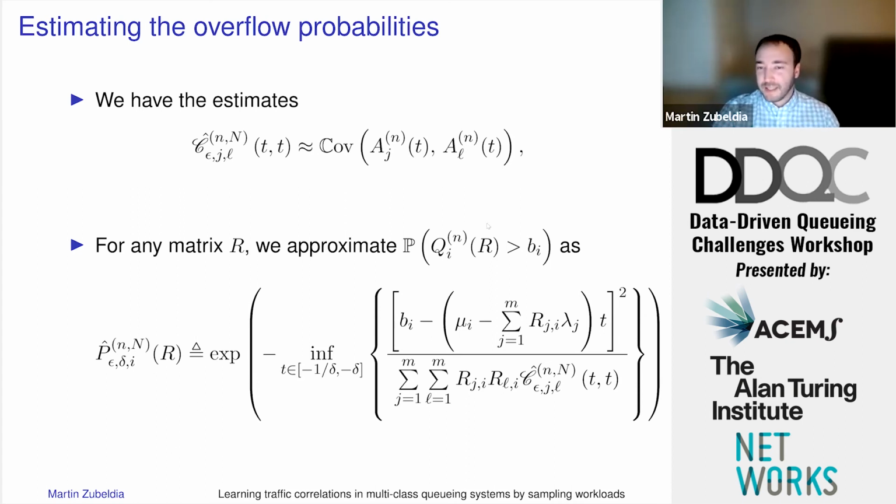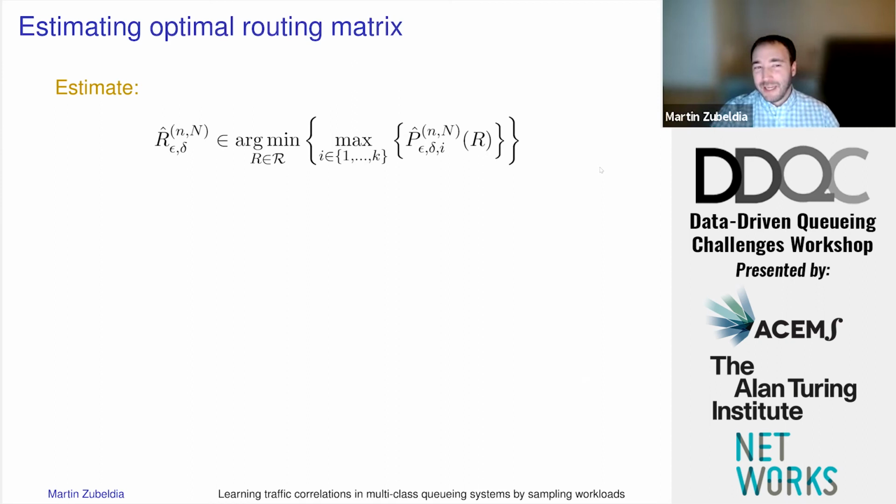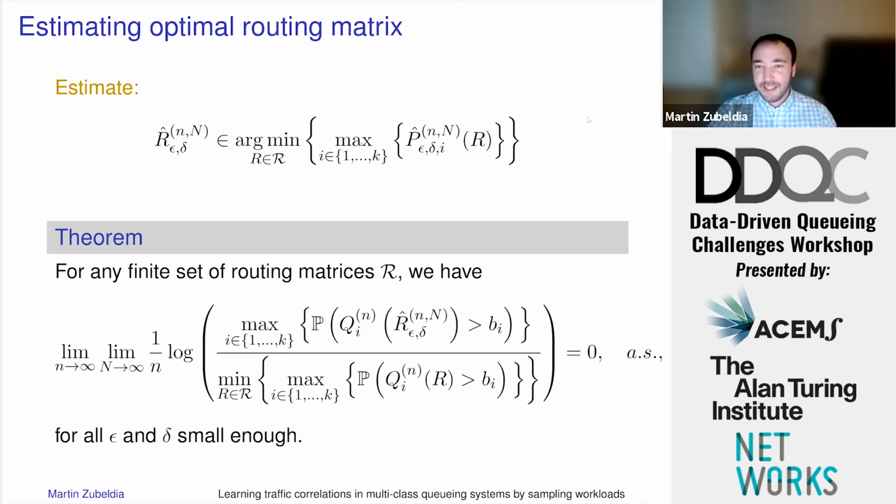And once we get these estimates, which we can compute for any routing matrix R, we just say, okay, we estimate that the best routing matrix is going to be the one that solves the minimax for this estimated probability. So they're kind of nested estimators one after the other, but we see these are reasonable routing matrices for a problem. And in fact, we show that in some sense they are.